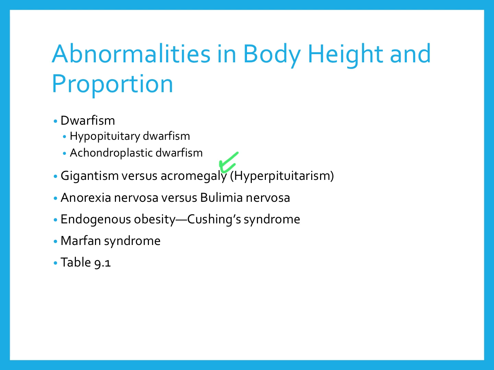Anorexia nervosa is the actual mental health disease for not eating, so anorexia nervosa, versus the word anorexia just means without an appetite. The anorexia nervosa is the mental health component of that disorder, versus bulimia nervosa, which is intentional vomiting, which can both of these affect weight gain.